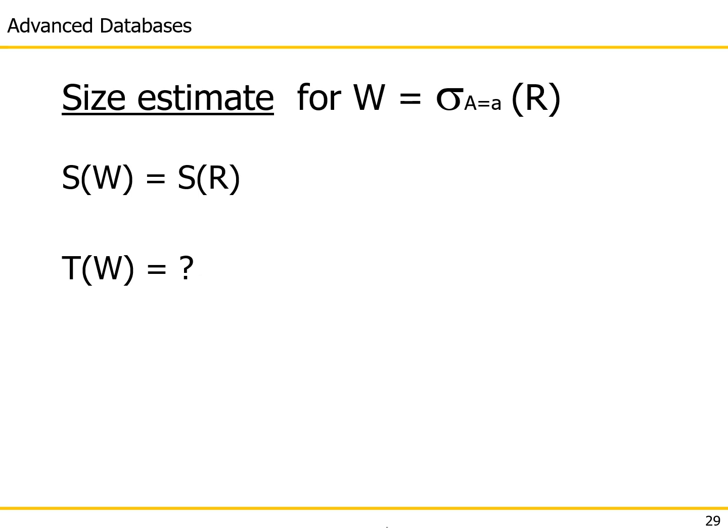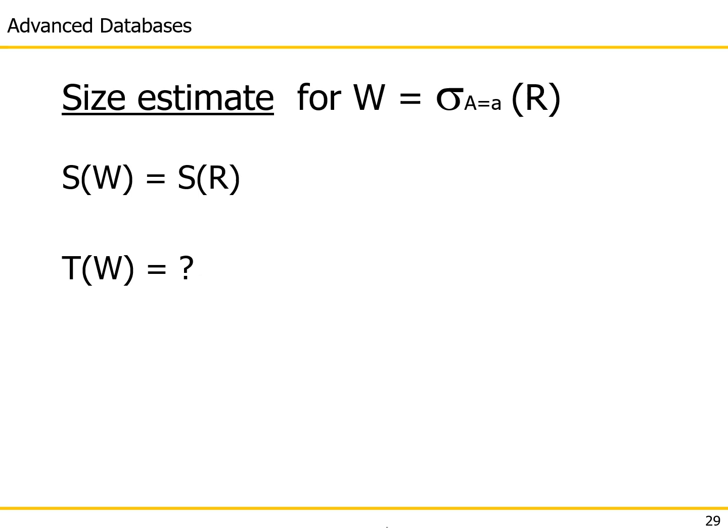So the query again is select star from R, where capital A is equal to small a. Now, since this is a select and there is no projection, I'm saying select star, the size of the result set, W, is going to be the same as the size of R in terms of the row size. So S of W is equal to S of R.